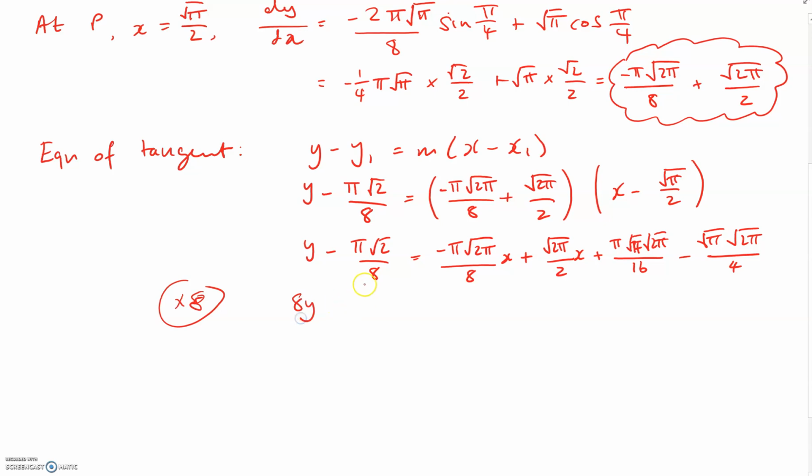I would get 8y minus pi root 2 is this, plus this, and then we would get all of this over 2 when multiplied by 8, and then we would get this.